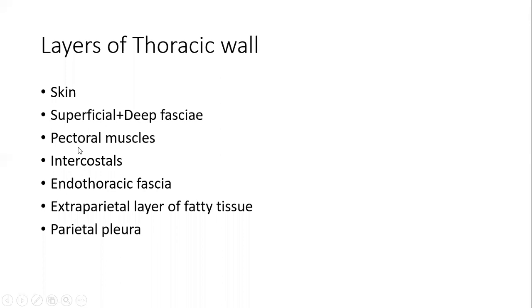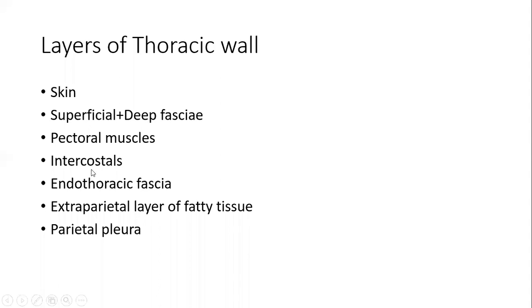When you remove all of these layers, you will reach the thoracic wall, the skeleton of the thoracic wall. Now, the skeleton of the thoracic wall comprises, in the midline anteriorly, the sternum, on the sides anterolaterally, costal cartilages, ribs, posterolaterally, ribs, and in the midline posteriorly, vertebrae.